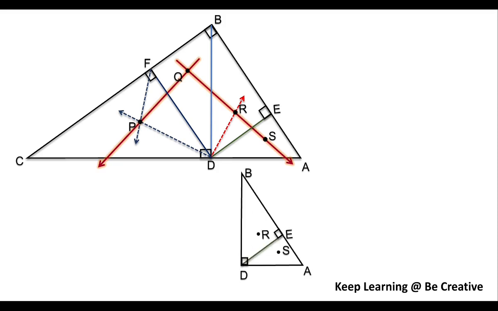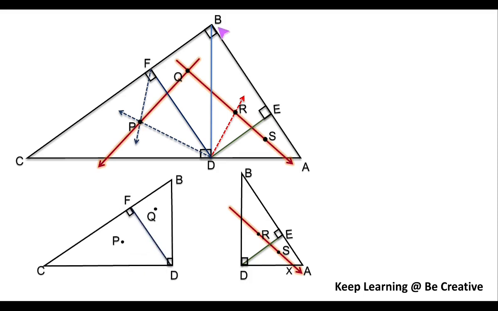If I take out triangle BDA outside this figure, this is a right angle triangle and BA is the hypotenuse. So I have drawn DE altitude on this BA. By this I am getting 2 small right angle triangles, DEA and DEB, and S and R are the incenters of these 2 triangles. So if I further join this, it will intersect the DA side at X.